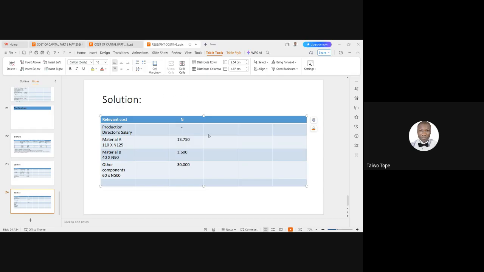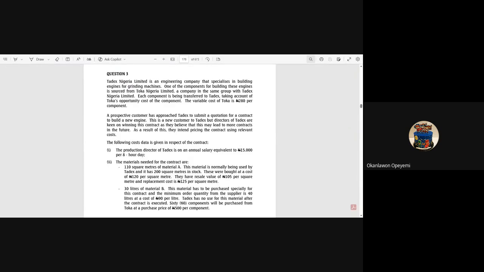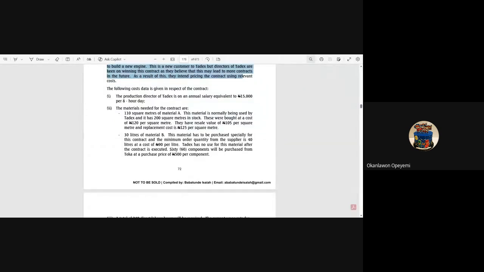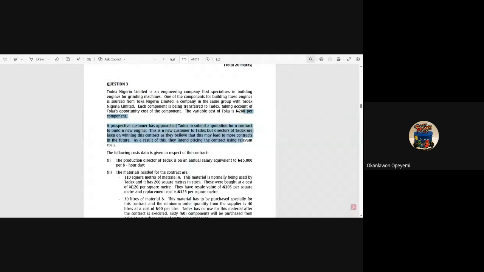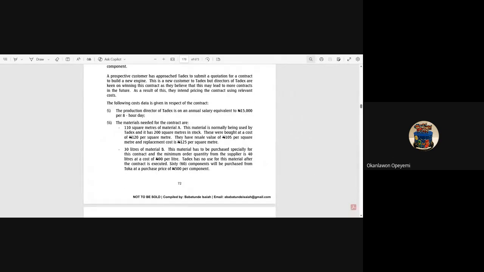Yes, ma. What is your question? My question is about the 30 liters of material B. Since we are purchasing all that they have from the supplier, the 40 liters, are we not supposed to remove the 30 from the 40 liters, so we have 10 left?